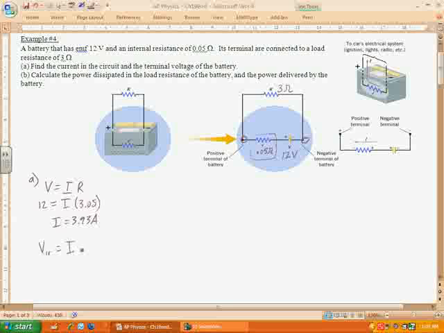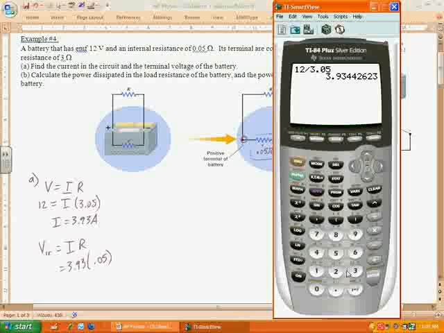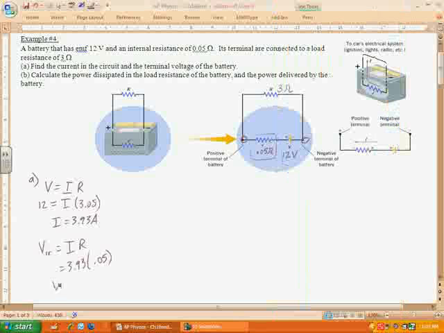So 3.93 times 0.05, because I'm just looking for the voltage loss there. We get 0.1965. So the internal potential difference is about 0.20, right?